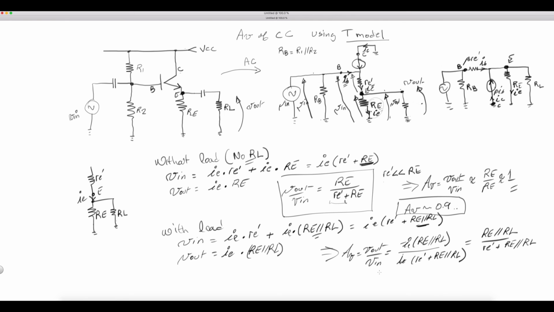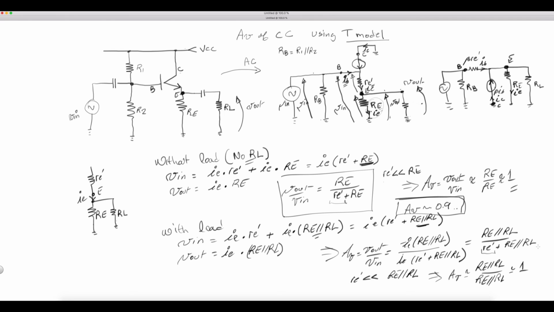Now it's a matter of scale. RE prime will still be much less than RE in parallel with RL. In other words, we can approximate AV as approximately equal to RE in parallel with RL over RE in parallel with RL, which approximately leads us to 1. So same story. And we're going to be in the order of 0.9, since really that little component there would shift the denominator to be a little higher than the numerator, so it's not exactly 1.